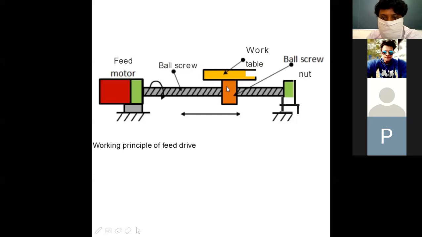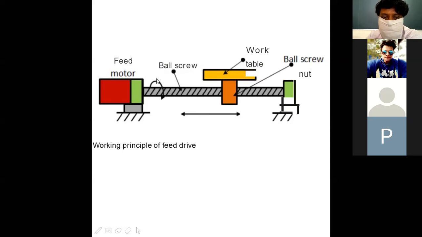Then this is a work table, and this particular part is connected to this ball screw type of structure. And this is the support over here, and this work table moves in this particular direction when this part rotates clockwise or anti-clockwise.